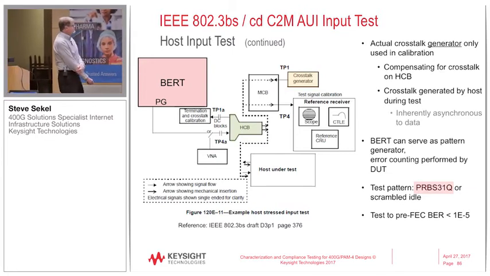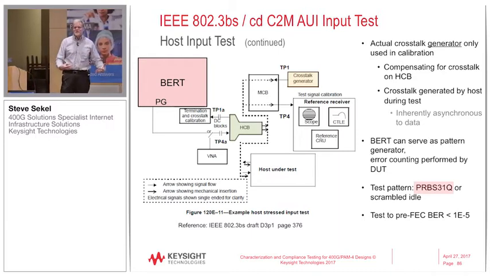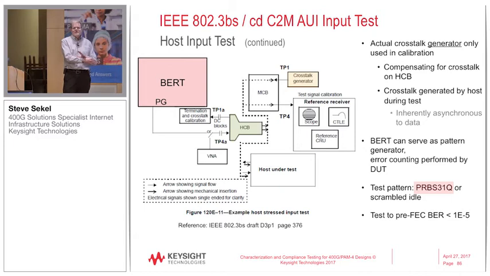Okay, two questions. The first one had to do with BUJ, and that's what I was starting to talk about: why is BUJ still in the stress recipe? Because the original purpose of BUJ was to emulate the effect of crosstalk, but just put it directly in the victim lane.